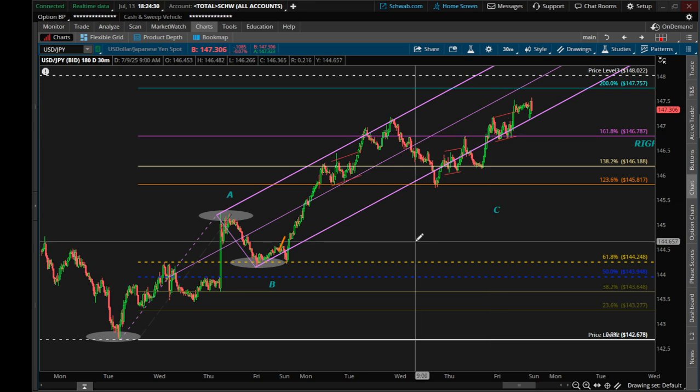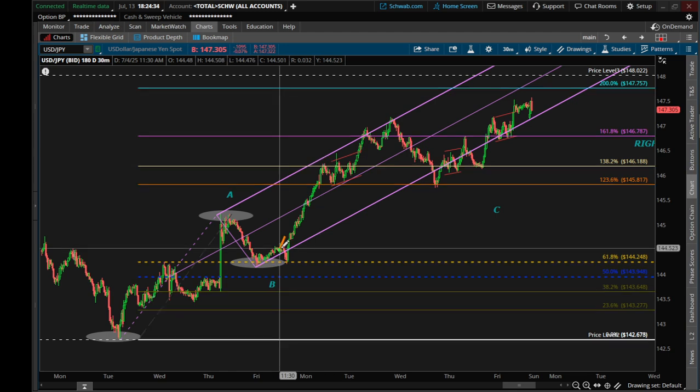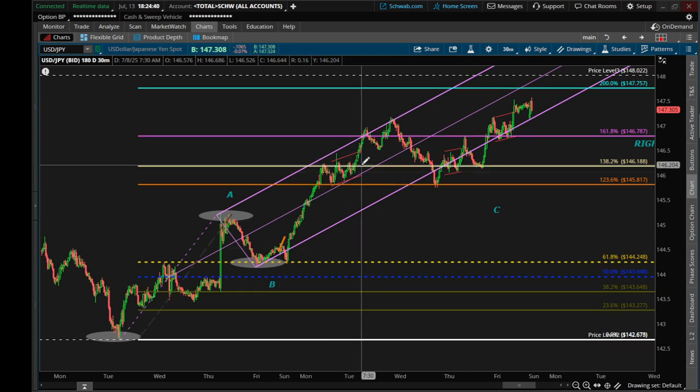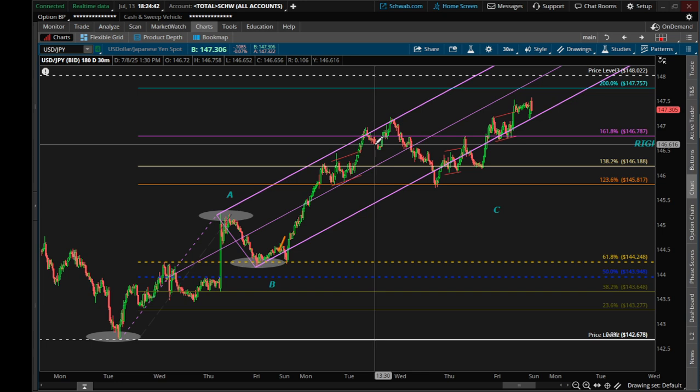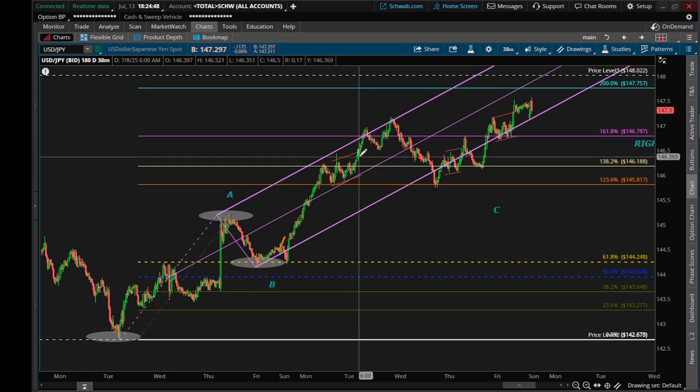So when you get your entry here at 144.5, you ride it until you start to see this consolidation. You can get out, and then we can reevaluate. Because you don't want to keep... Let's see. I don't want to say this.